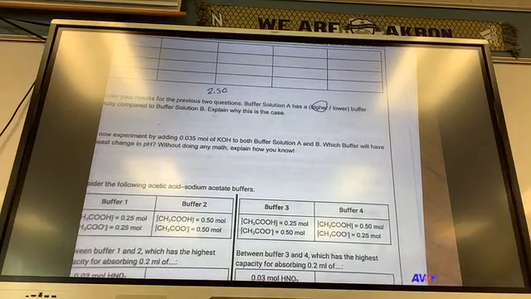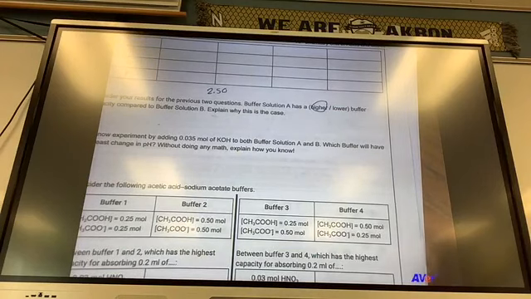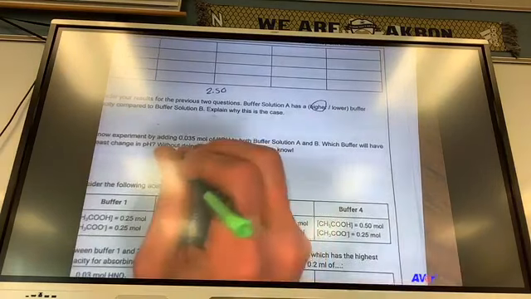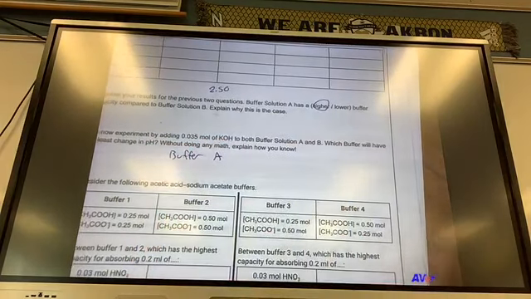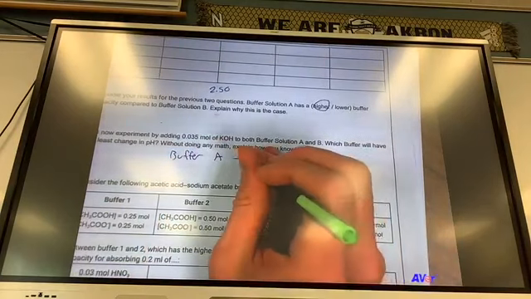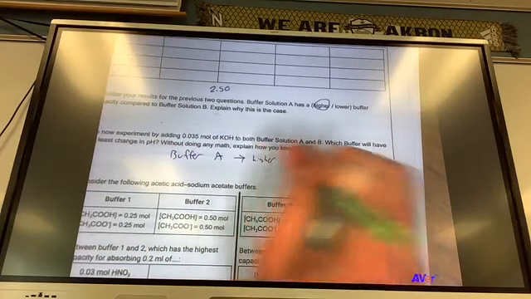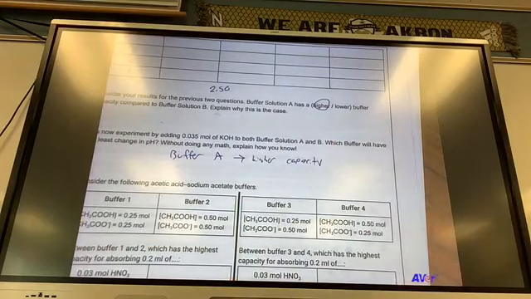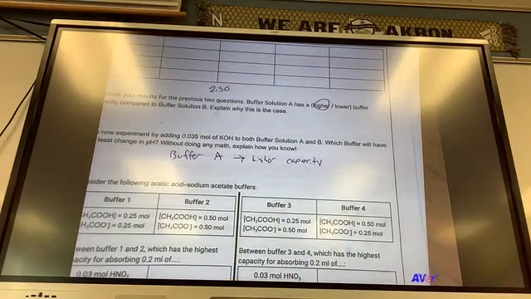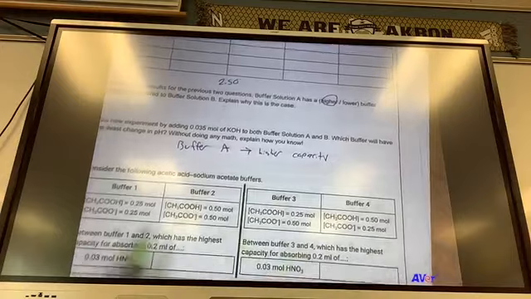Without doing math, how do you know? Buffer A, higher molarity, higher capacity. Buffer A wants to eat more.